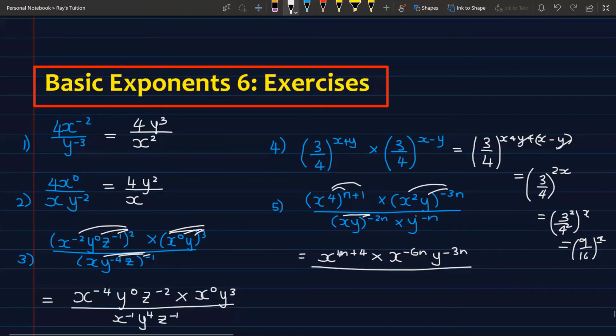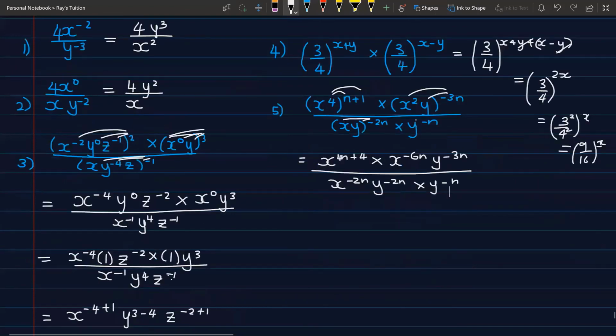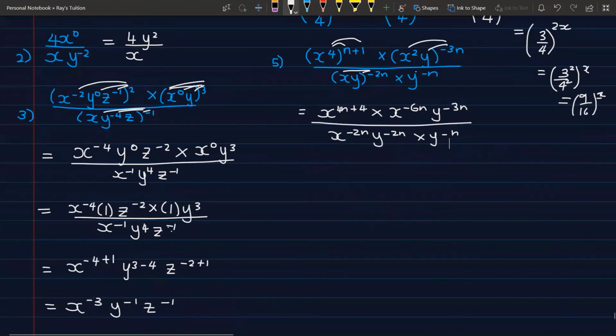This is x to the power of minus 2n, y to the power of minus 2n times y to the power of minus n. Okay, so I'm going to group all of the x's in the numerator and in the denominator. So this here becomes x to the 4n plus 4 minus 6n, y to the power of minus 3n, all over x to the minus 2n, y to the power of minus 2n minus n.